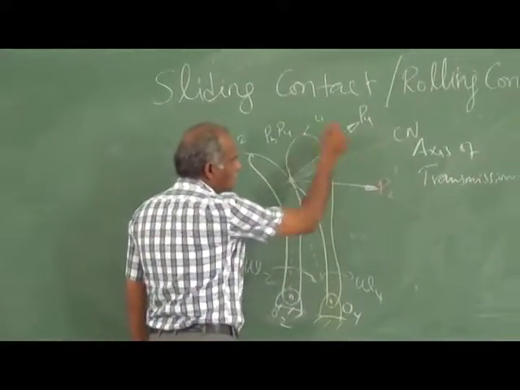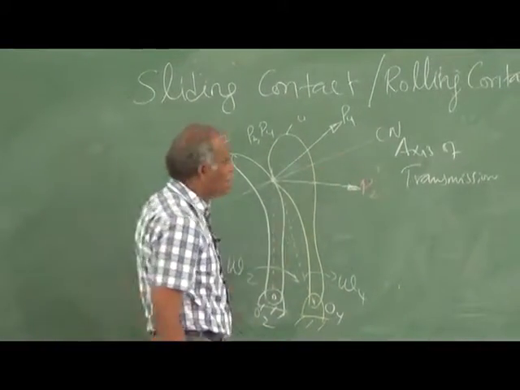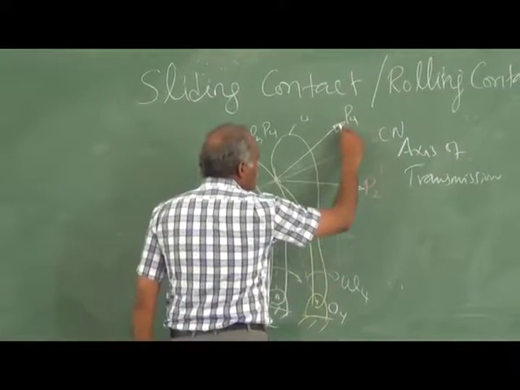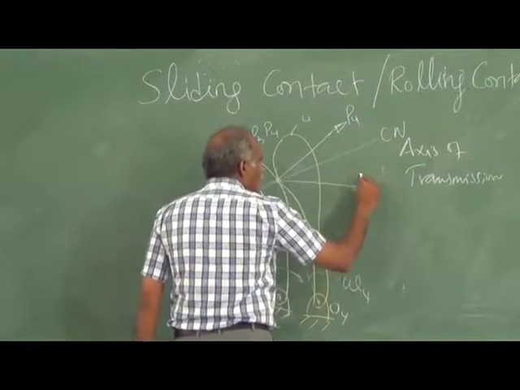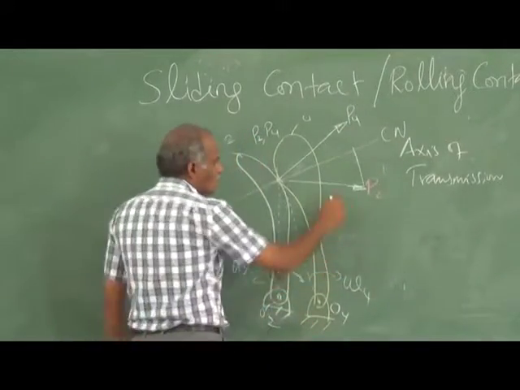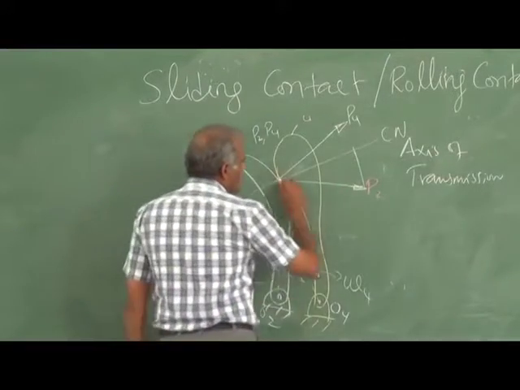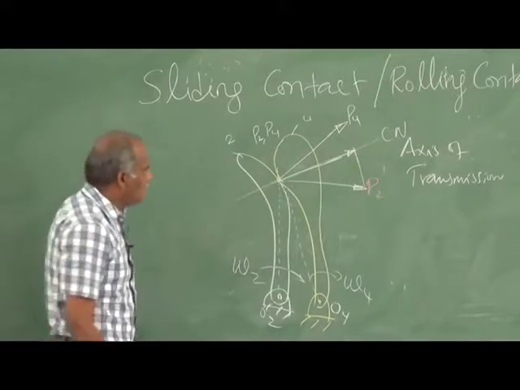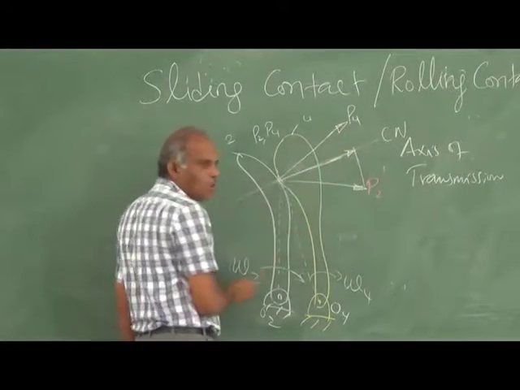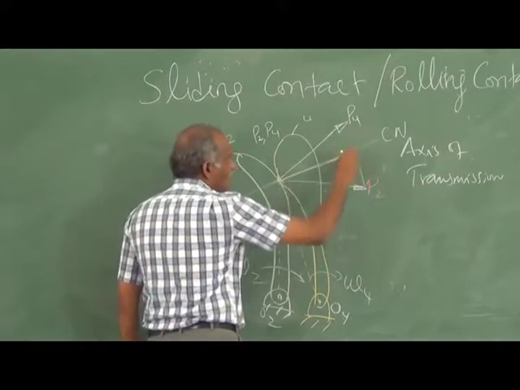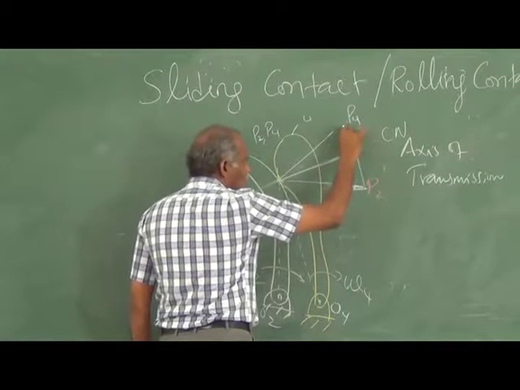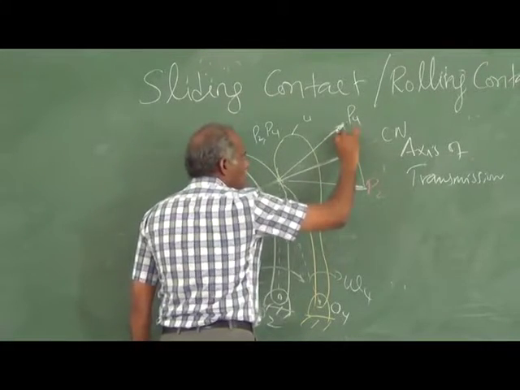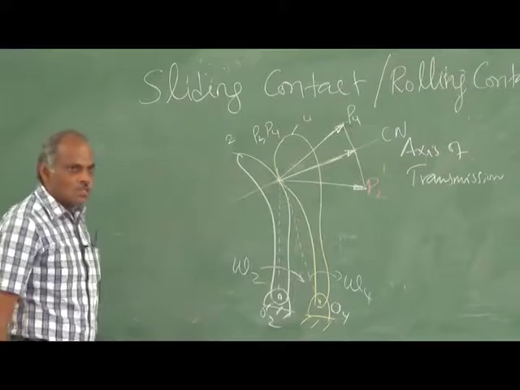So the condition connecting the velocity of P2 and P4 is that this component of velocity of P2 projected along the common normal and the component of P4 projected along this common normal should be the same.